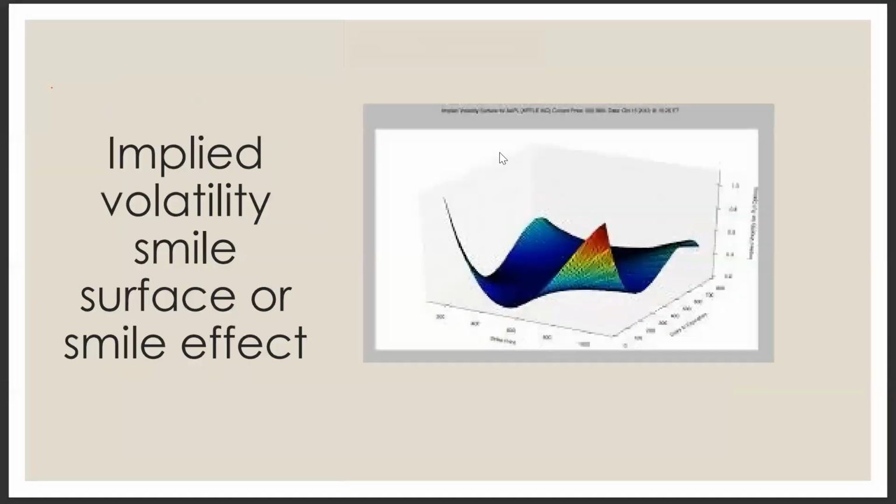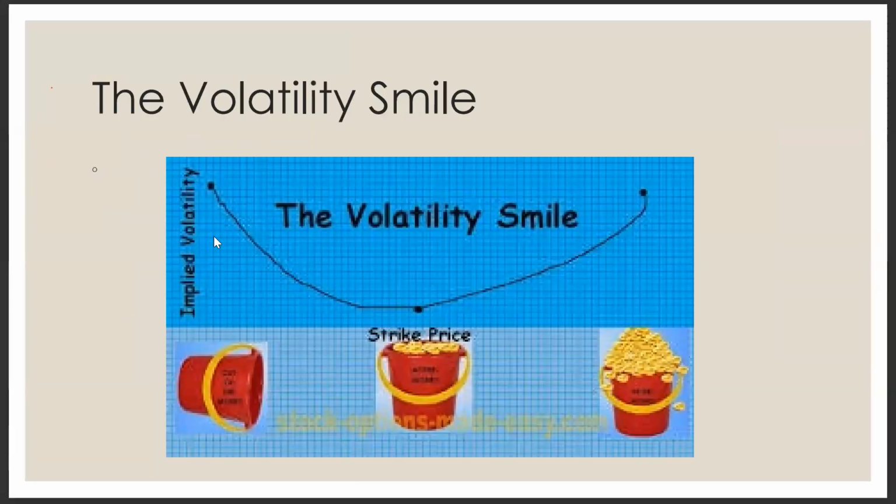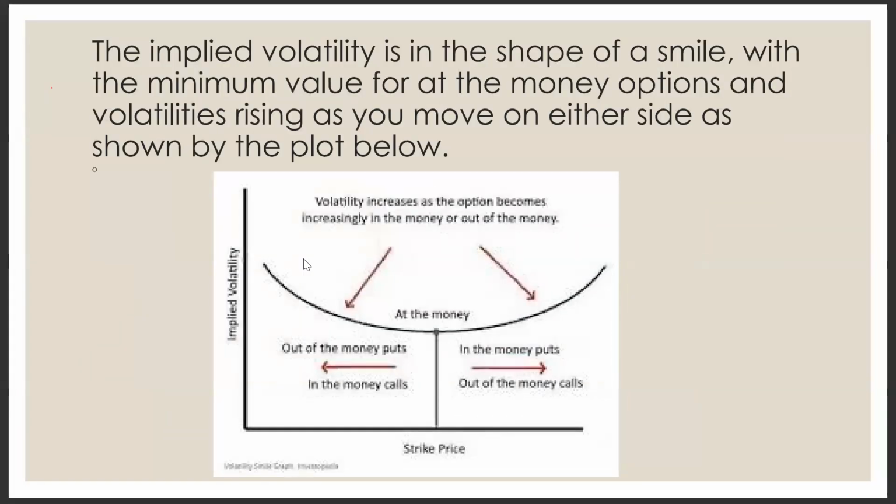And now we would like to understand how we can graph the implied volatility smile surface. It is the smile effect. You see, yes? And maybe now you need to smile. Okay, so what is the implied volatility?